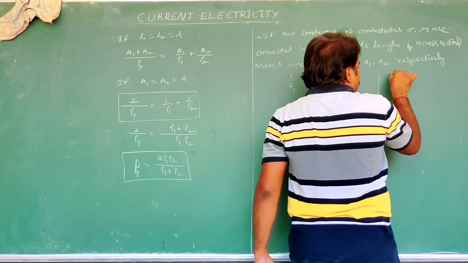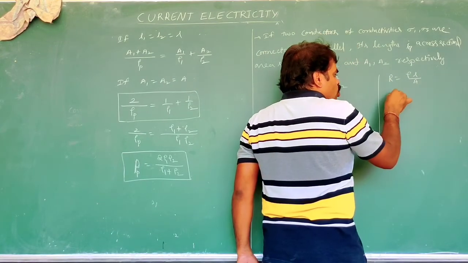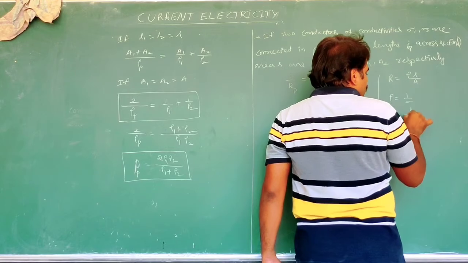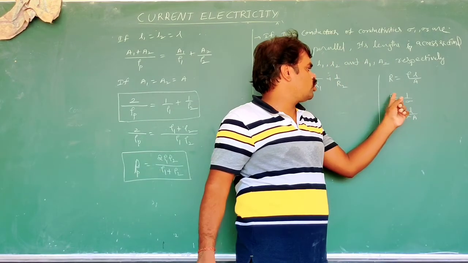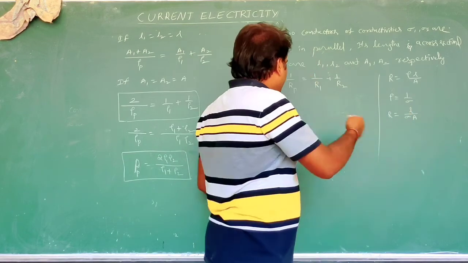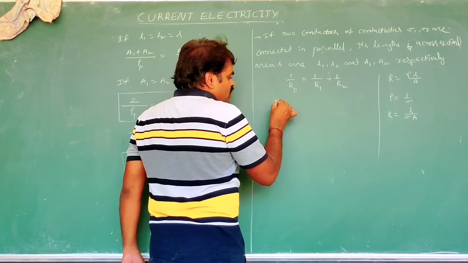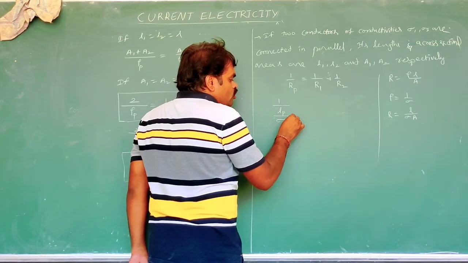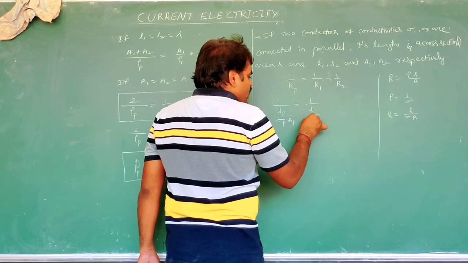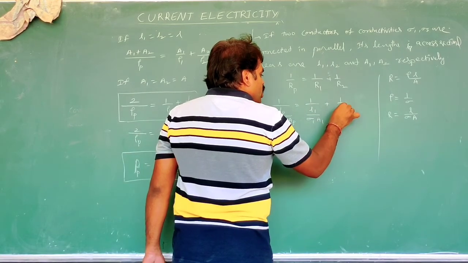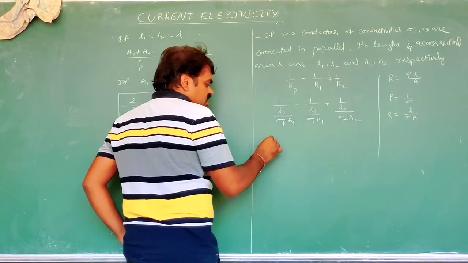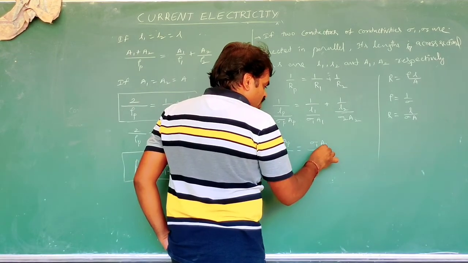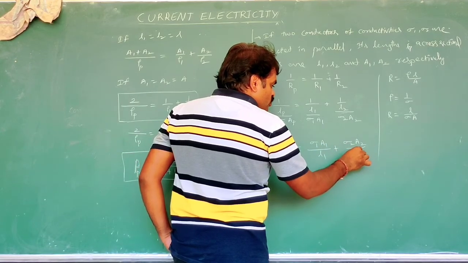We know the resistance formula R is equal to rho L by A, and rho is equal to 1 by sigma, so R is equal to L by sigma A. Substituting for the parallel combination: 1 by (LP by sigma P AP) is equal to 1 by (L1 by sigma 1 A1) plus 1 by (L2 by sigma 2 A2). Reversing it, sigma P AP by LP is equal to sigma 1 A1 by L1 plus sigma 2 A2 by L2.